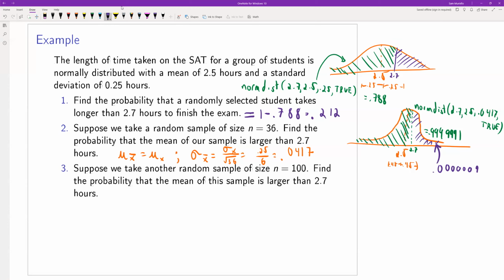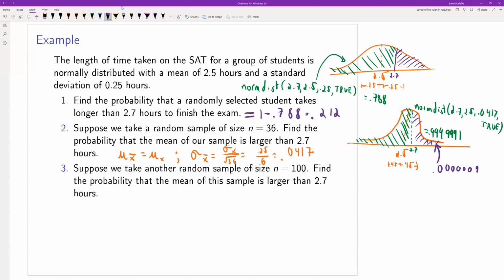Well, once again, if I'm just looking at one student, I say, what are the odds that this student was a little above average? That seems like a reasonable thing that can happen. One student might be a little faster on the exam or a little slower. But if I'm taking 36 students all together, and I'm looking for the odds that all 36 of the students are moving above average, that is wildly unlikely.